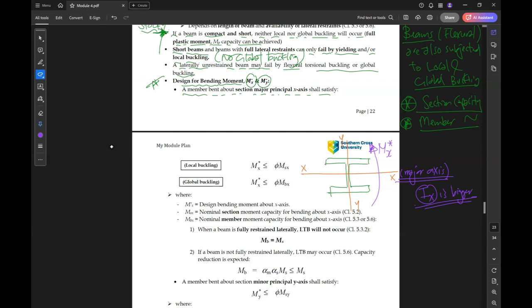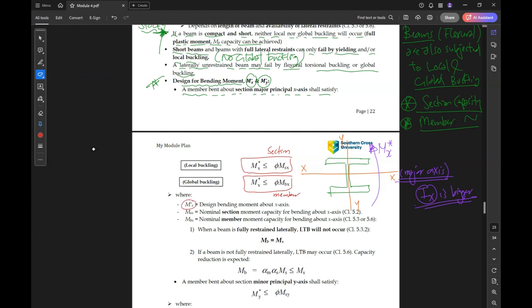To design for MX, we need to satisfy these two. MX star less than phi MSX, this is the section capacity. MX star less than phi MBX, which is the member capacity.